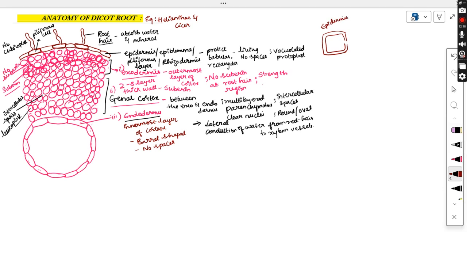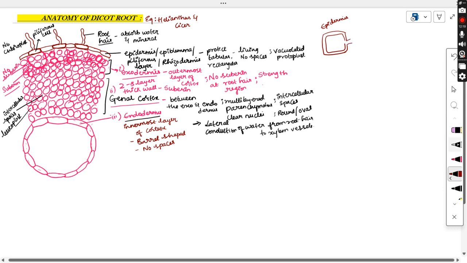Below the epidermis, the region of cells present is called the cortex. So here we are just drawing the cortex region of cells. The cytoplasmic connections established between the cells are called plasmodesmata. So these connections are the plasmodesmata.